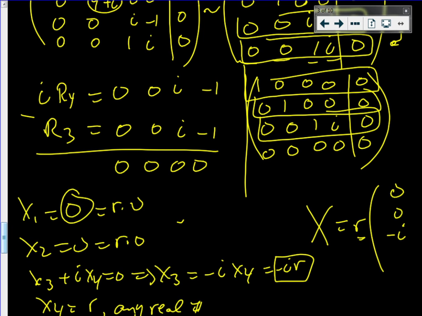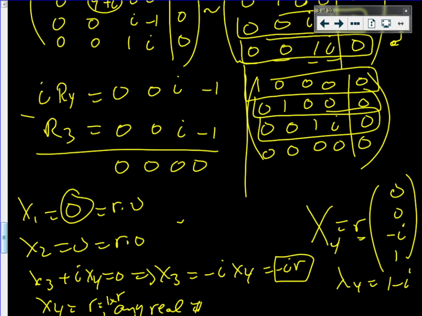And the last one is r, which is 1 times r, but I pulled out the r, so I get 1. Okay, that is x4, and it is associated with lambda 4, which is 1 minus i.